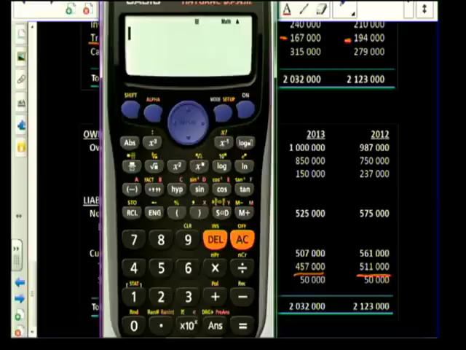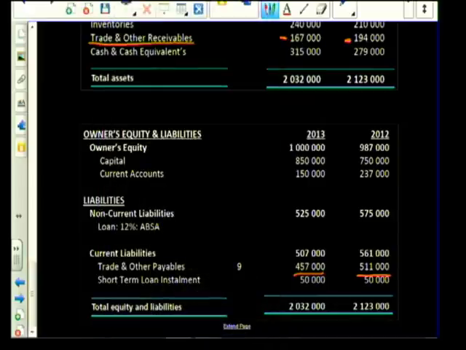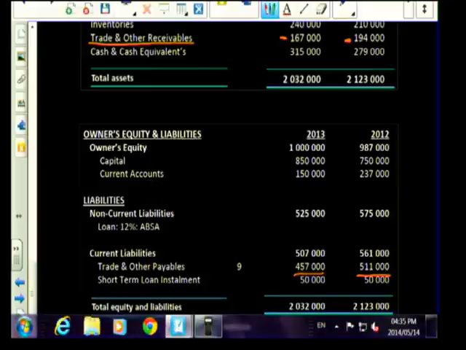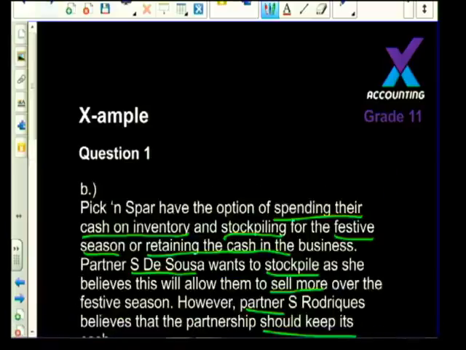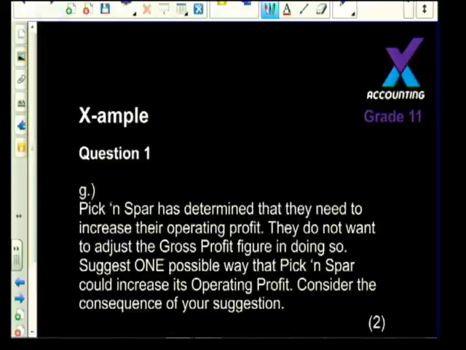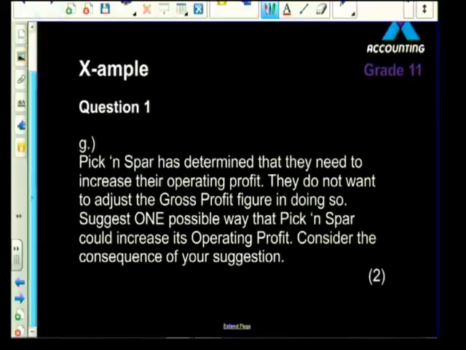We will take 457,000, in other words the figure for 2013, add that to 511,000, which is the figure for 2012. The answer we're going to divide by 2, and that gives us average creditors of 484,000, which we're going to put at the top of our ratio. Let's just write it in so long. 484,000.